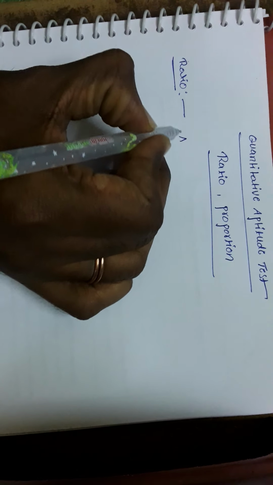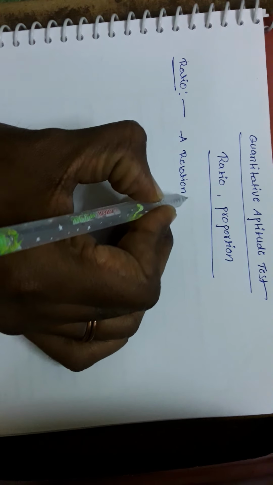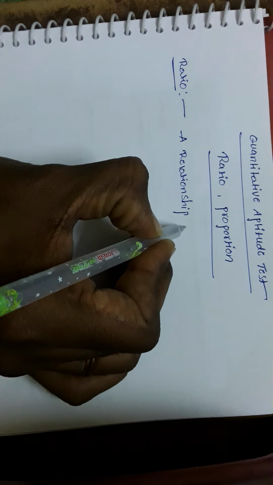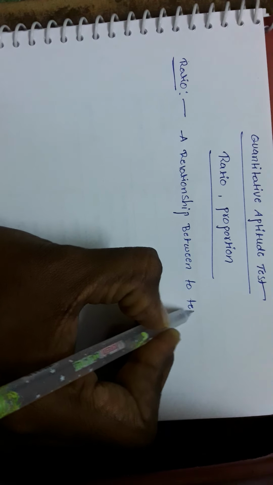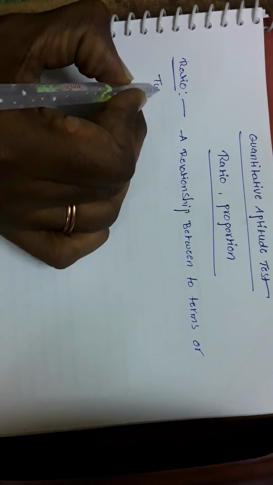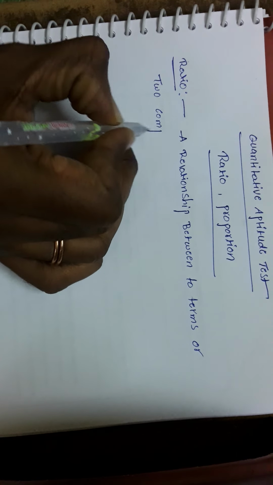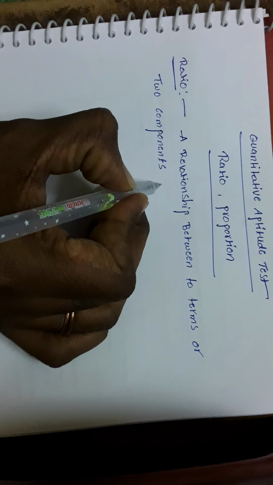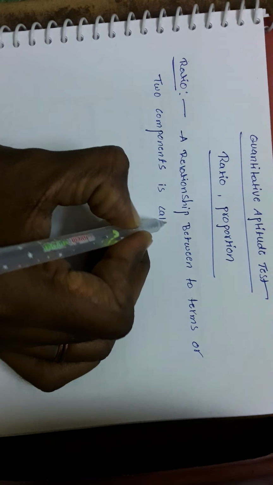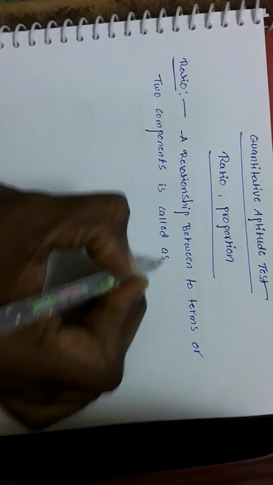Simply a relationship between two terms or two components is called a ratio.